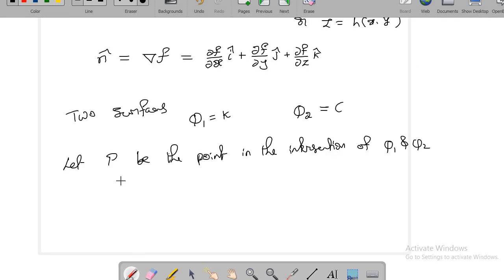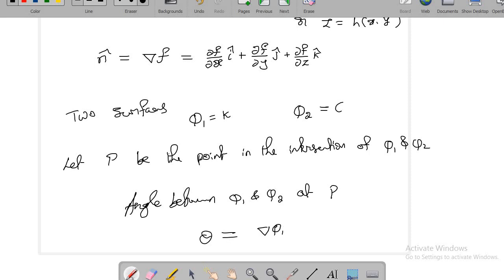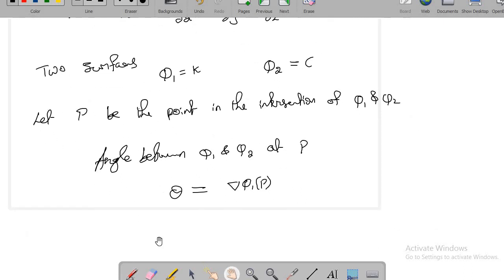Now I'd like to find what is the angle between these two surfaces at P. The angle between phi 1 and phi 2 at P will be given by: n1 dot product with n2 divided by magnitude of n1 into magnitude of n2. This is what will give us cosine of the angle, cos theta.